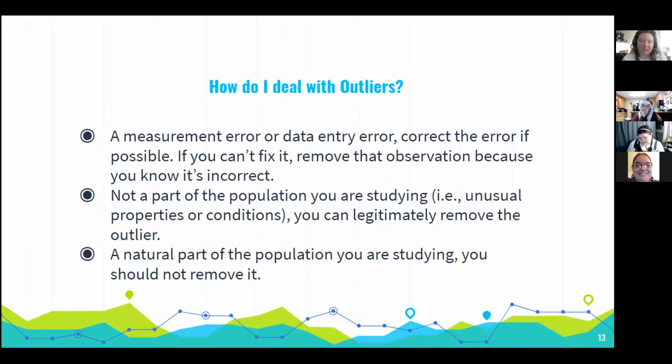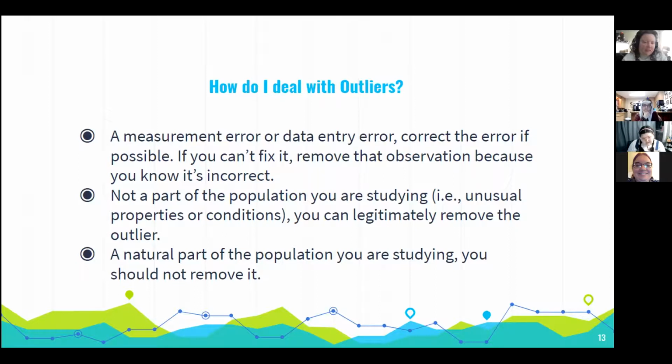Just make sure that you are documenting that, so that if anyone asks you later on, or you're thinking about it later, you can remember why you took out that answer and it was for a legitimate reason.